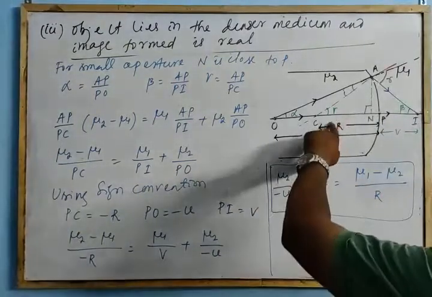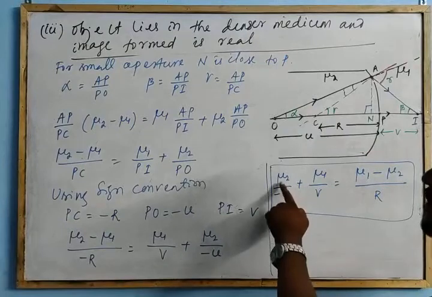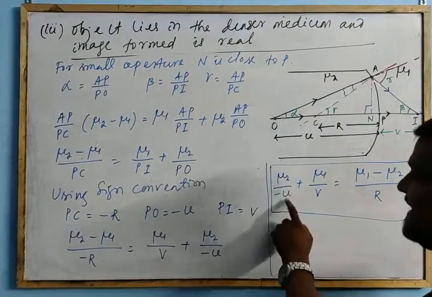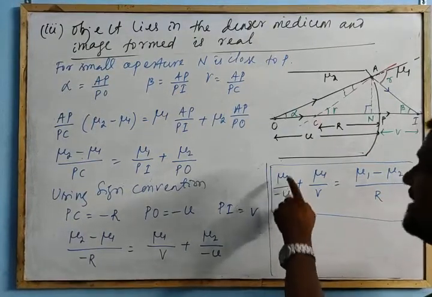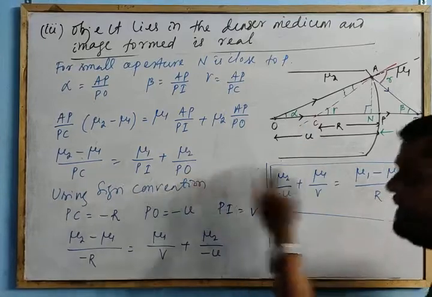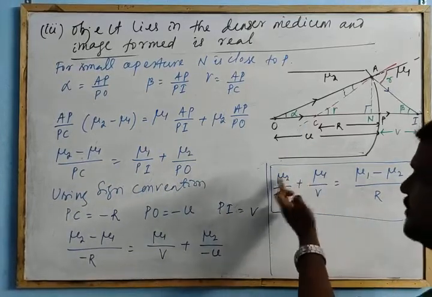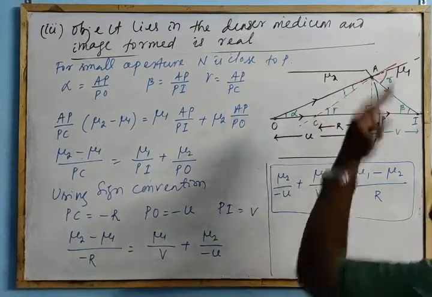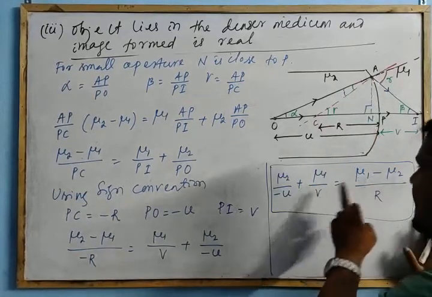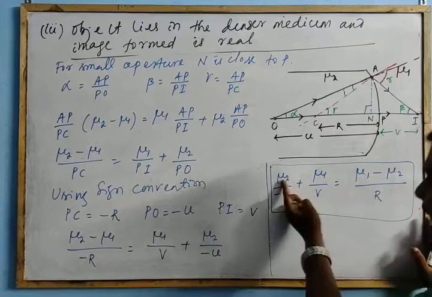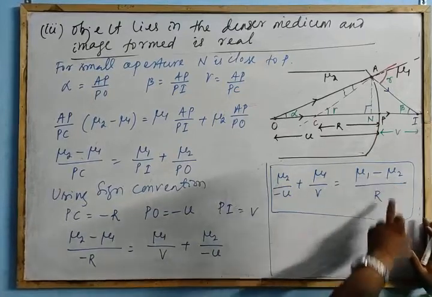So here the object is in the denser medium. That's why you got mu2. Object is in denser, mu2 by minus u, object distance is negative. Then the rest is plus mu1, the image, whatever may be the position, by v, plus mu1 minus mu2 by R.